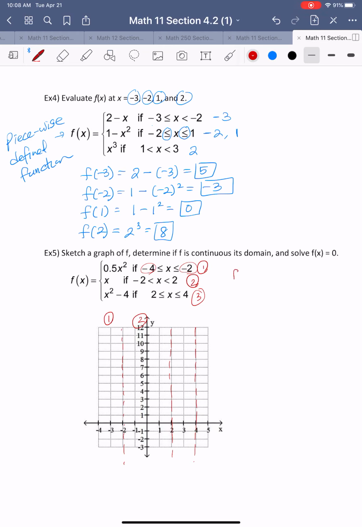In order to find f of -4, I have to use the first function. So 0.5 times -4 squared. I get 8. So f of -4 is 8.